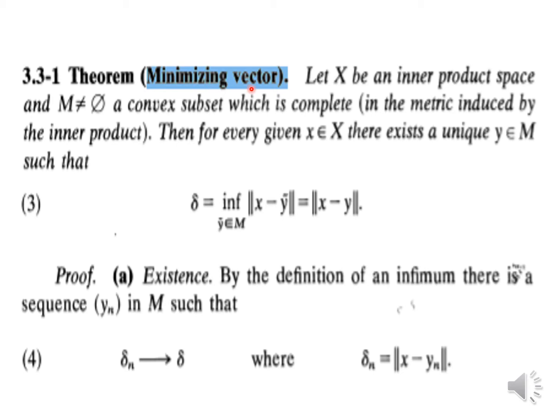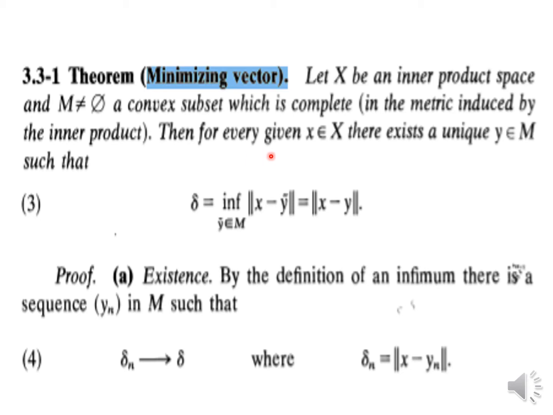The statement is this: let X be an inner product space and M a non-empty convex subset which is complete in the metric induced by the inner product.